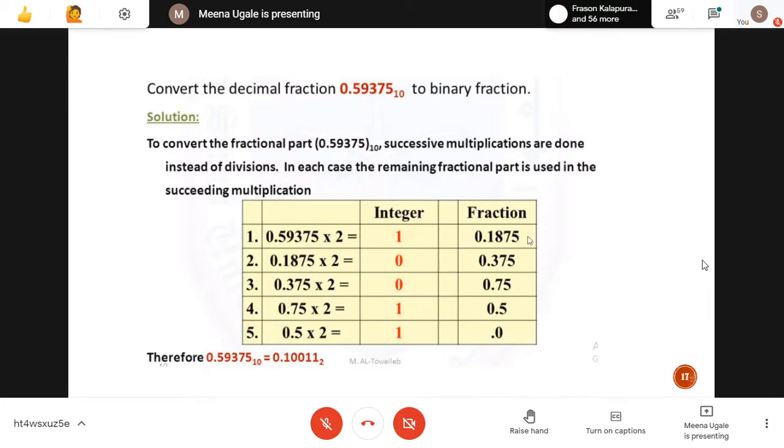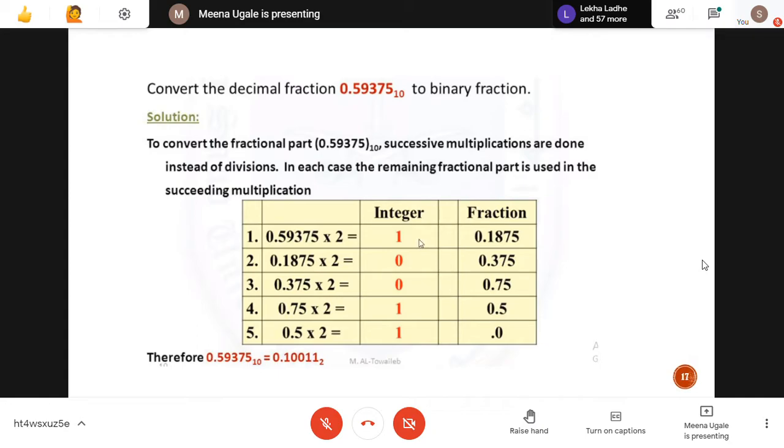Same way, then 0.1875 multiplied by 2, I will be getting answer 0.375. That is 0. Again multiply by 2, 0.75. That means 0. Again multiply by 2, 1.5. Again multiplied by 2, finally 1, and here the fraction is 0.